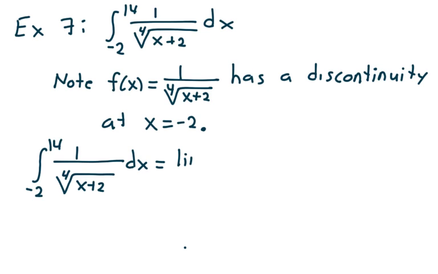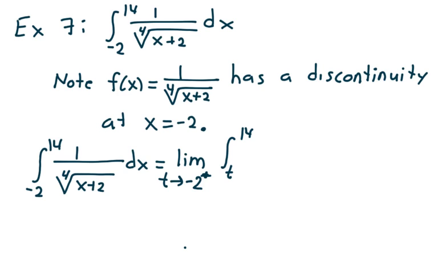So this is the limit as t goes to negative 2. Now, notice we're going from negative 2 to 14, so I'm approaching negative 2 from the right. Okay? And then we're going to take the integral from t to 14, right? So we have to replace the discontinuity with t because you don't want to be dividing by 0.